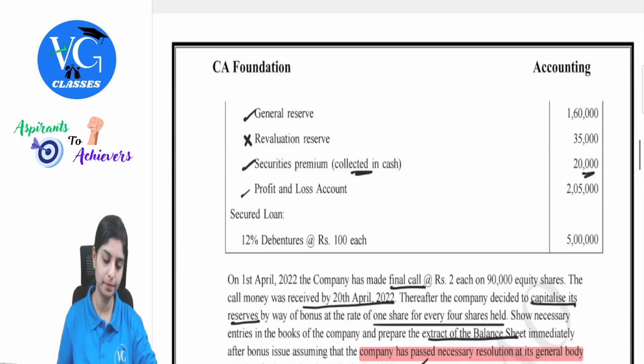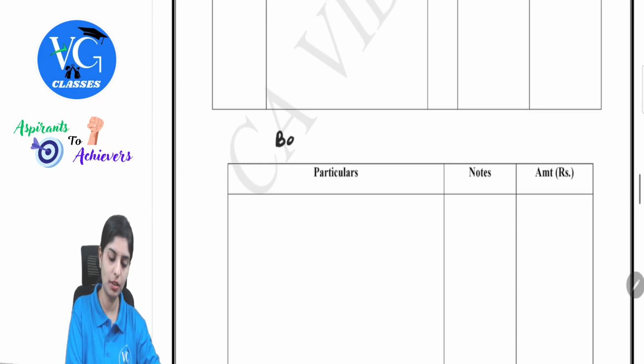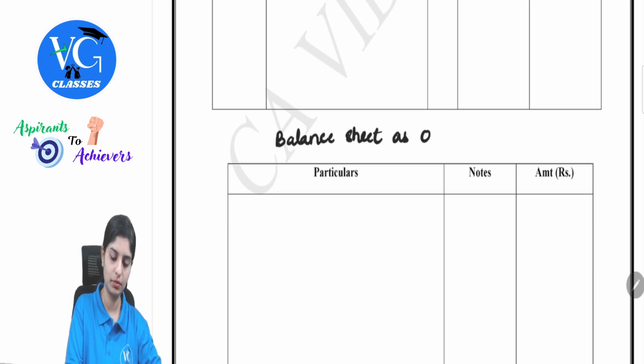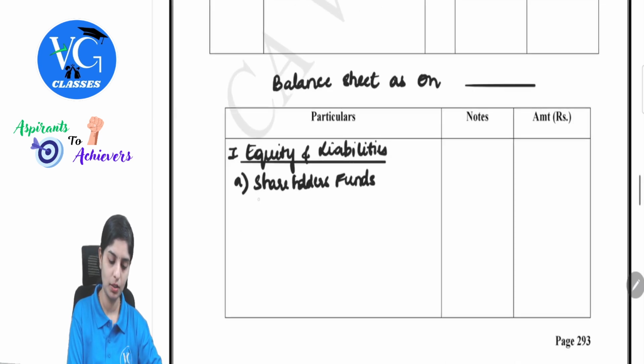So how will this appear in the balance sheet? So this will be your balance sheet as on. So this is equity and liabilities. Under that, we will have shareholder funds, which includes your capital and then reserves and surplus. So under this, we will have to write authorized capital.